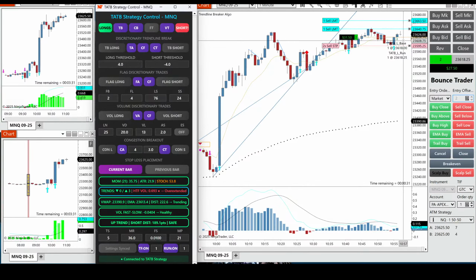It's targeting a 1-to-1 risk-reward ratio for your take profit, and I felt like this would be a good target. Maybe it used these highs, but oh well.